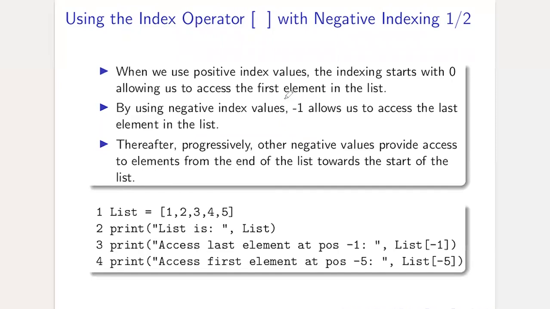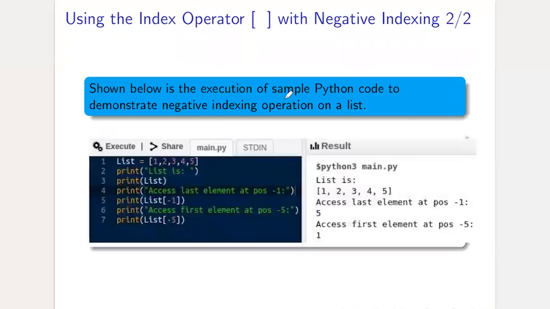That behavior is shown in this example. If you access -1, you should get 5, the last element. If you access -5, you should get the first element. Counting from here, -1, 2, 3, 4, 5. So this is the -5. Be careful about this.